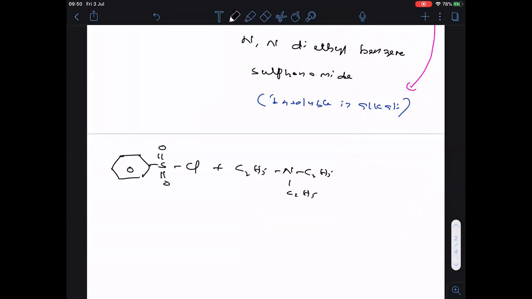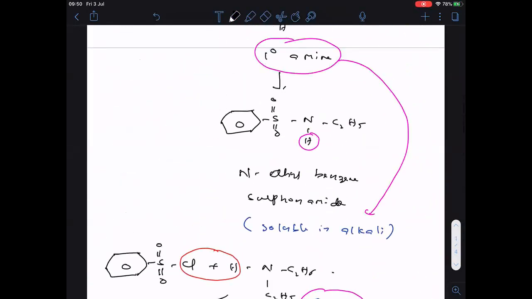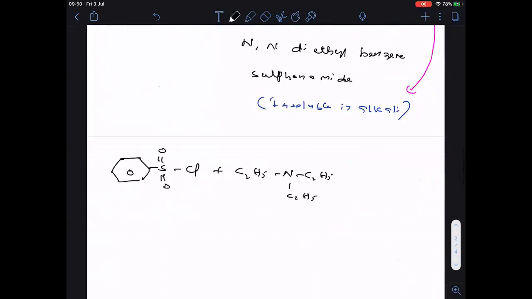Did you observe the first step here? HCl removal. Here also the first step is what? HCl removal. Am I right? But there is no H here to remove HCl. Therefore no reaction. Reaction will not happen.